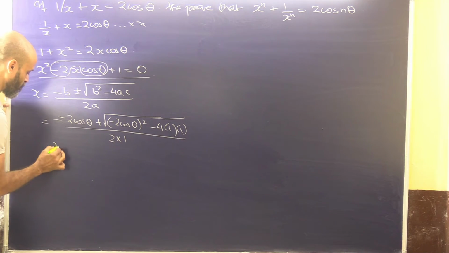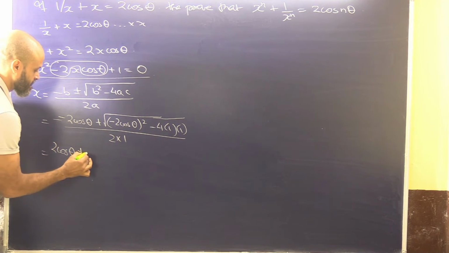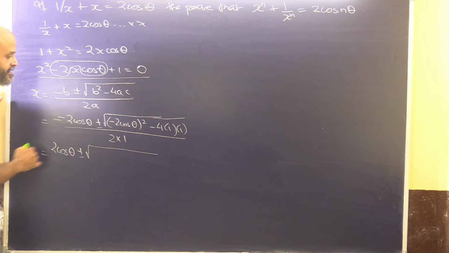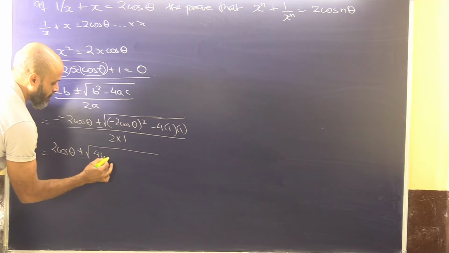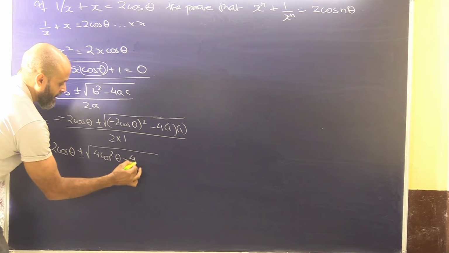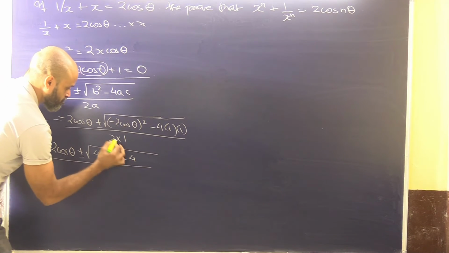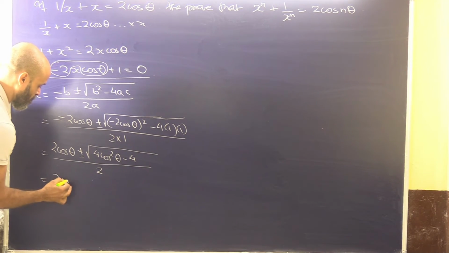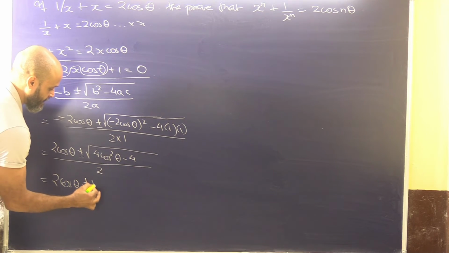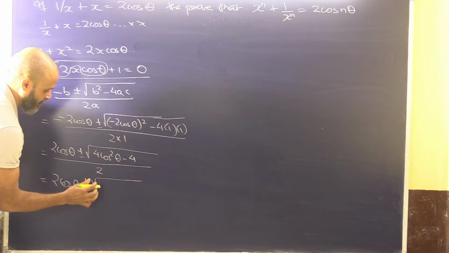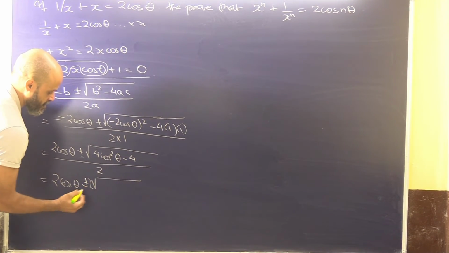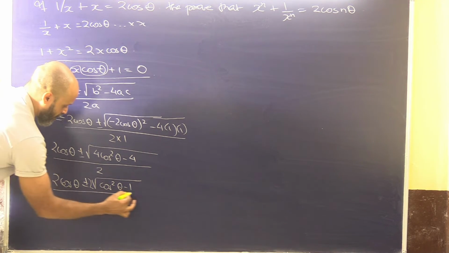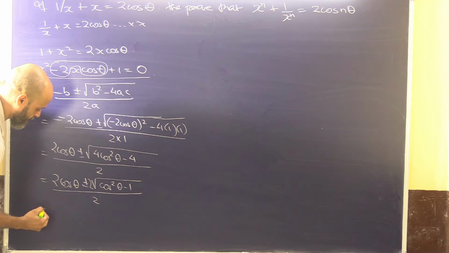So here we have 2 cos theta plus minus root of 4 cos square theta minus 4 upon 2 into 1, that is 2. So this will be 2 cos theta plus minus, if I take the 4 common, it comes out as 2 times root of cos square theta minus 1, upon 2. So obviously the 2's get cancelled here.